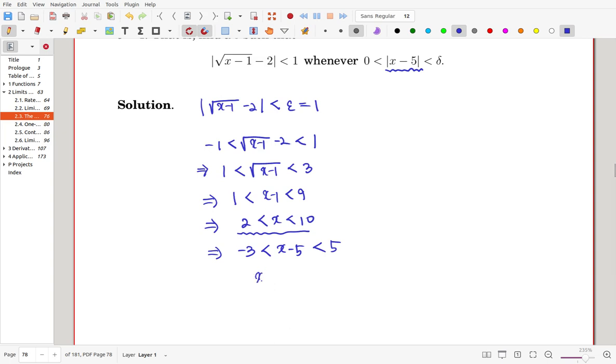Now, if you are writing, for example, that it is bounded by 3, the absolute value of this one, the smaller one, then this direction is not working, but that direction is working. In fact, the earlier one works on both sides, so that is the answer. So delta will be 3.